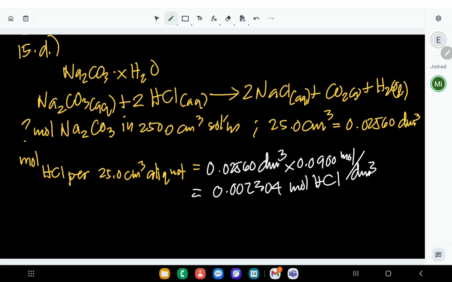And then from the given reaction equation, 2 moles of hydrochloric acid react with 1 mole of sodium carbonate. So moles of sodium carbonate in 25 cubic centimeters, we can solve for the number of moles of sodium carbonate in the aliquot.